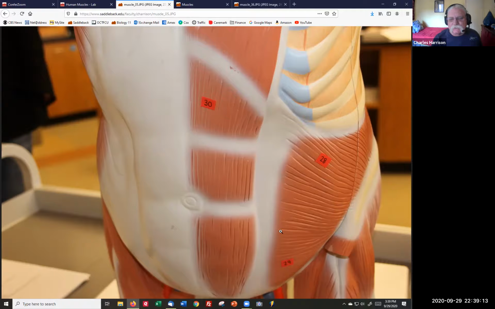It's very difficult to see where 28 and 29 separate from each other. So we don't ask you to do that. I can't do it either. Here's our rectus abdominis, number 30. There's very, very little of the external oblique showing in this model because of the way it's oriented, but that's it right there.